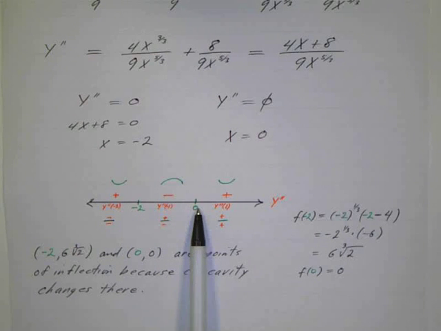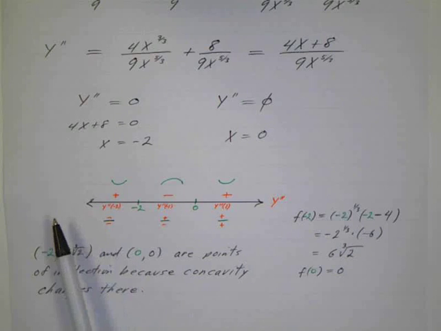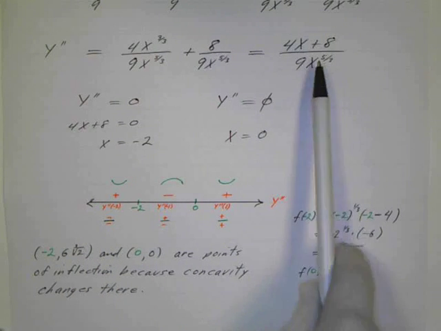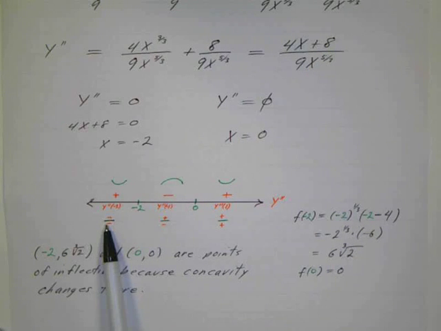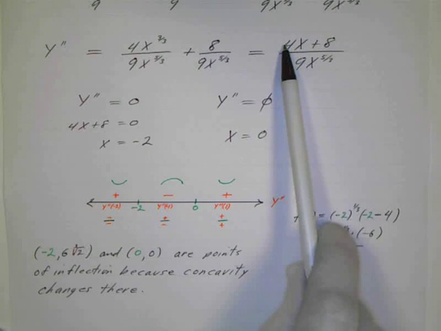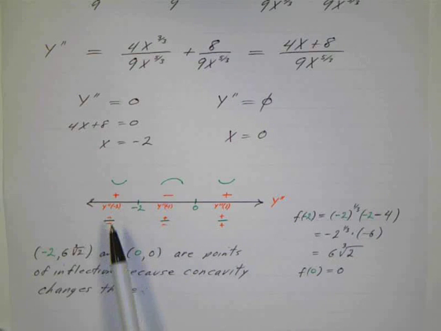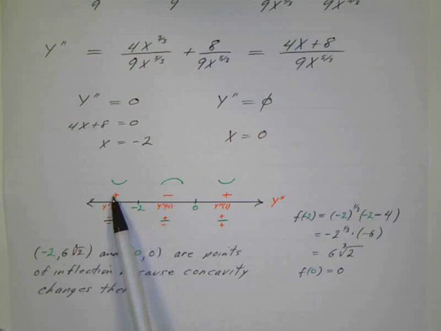-2 and 0, and I try y double prime of -3. If I put -3 in here, negative to the 5/3 is just going to be some kind of negative, so I'll just look at the fraction. That's going to be negative in the denominator. If I put negative in the top, 4 times -3 is -12 plus 8, that's negative, so I've got negative in the top also. So negative in the top and negative in the bottom of this fraction is going to make this positive.